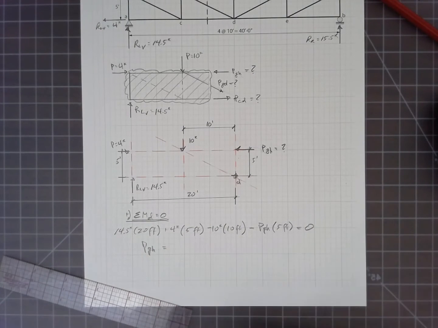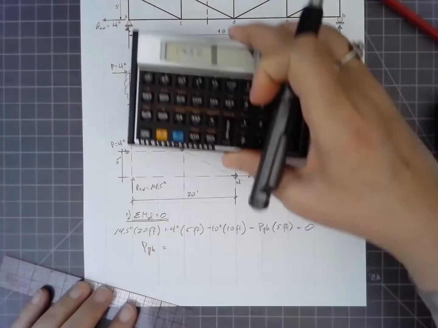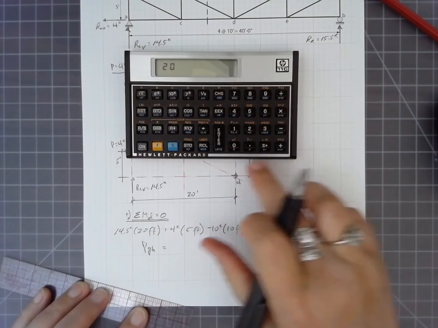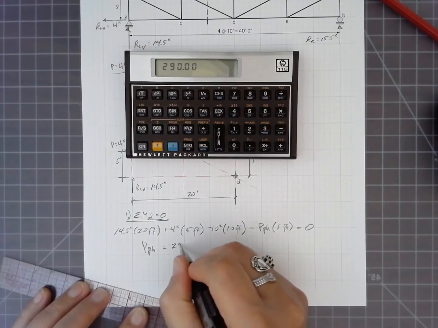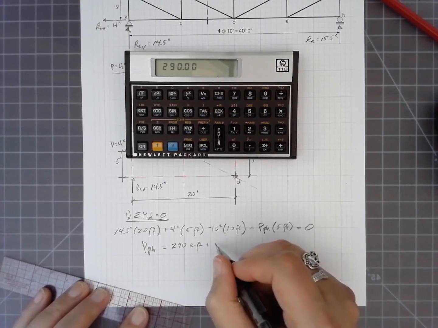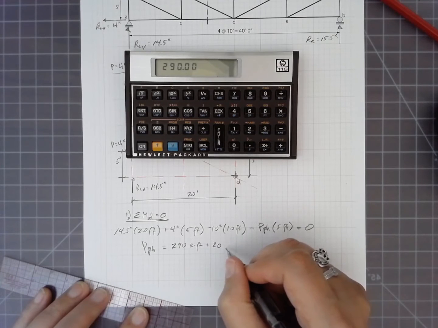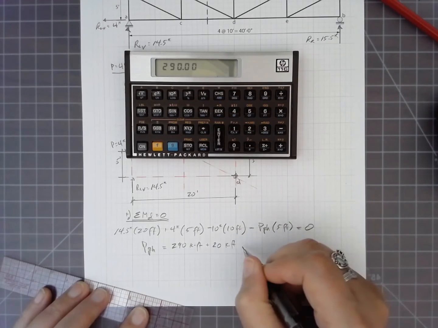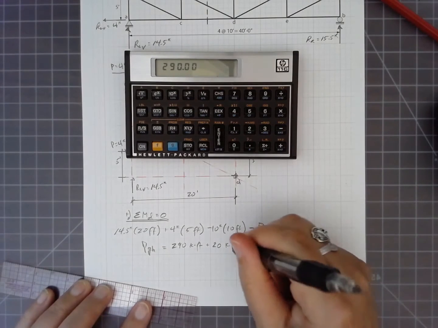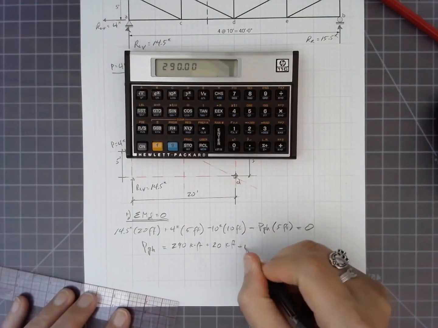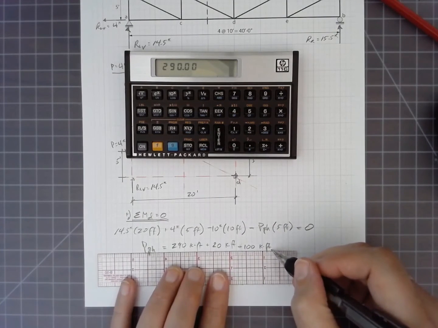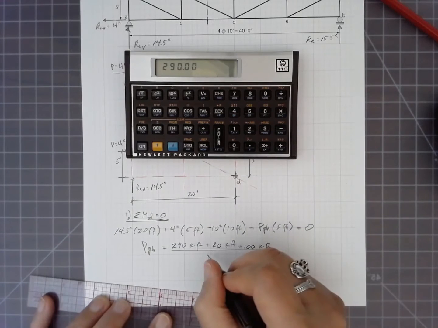calculator out here, 14.5 kips times 20 feet, 290 kip feet. 4 times 5 is 20. And then we have a, oops, minus 100. And that's all going to be divided by 5 feet.